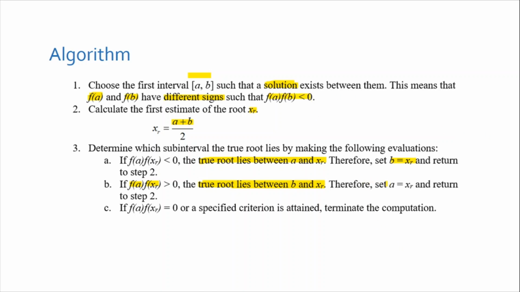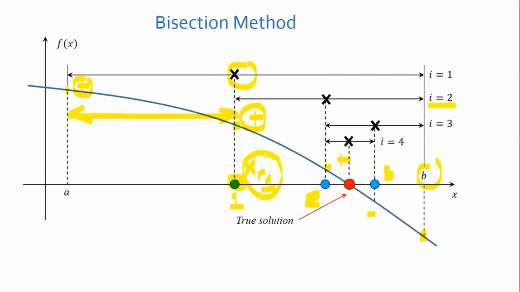So therefore, set a equal to xr. In our illustration, we set xr1 as the value of a. So notice that our second interval is now in this portion, because we set a here and retain b.